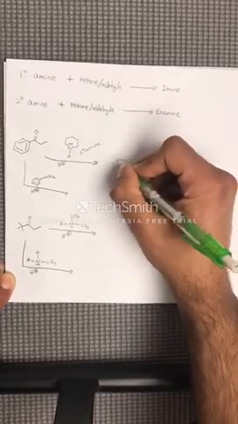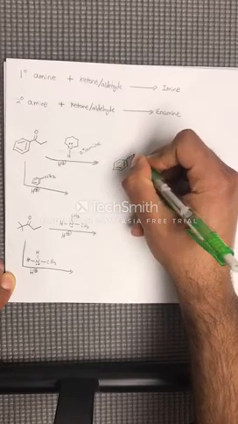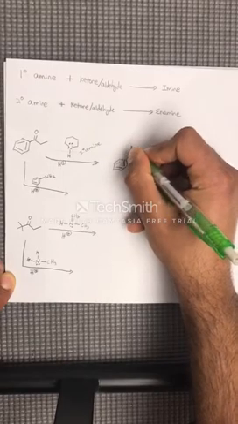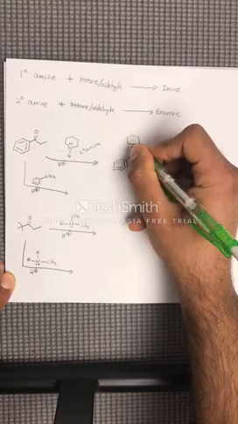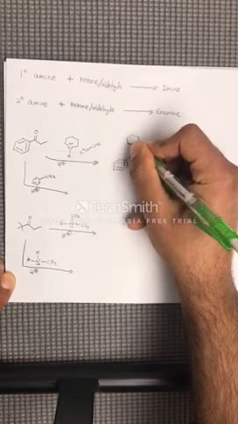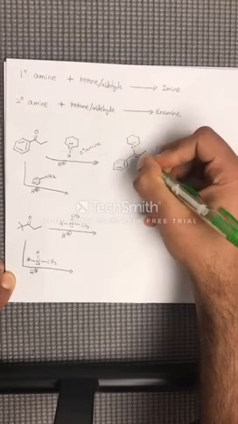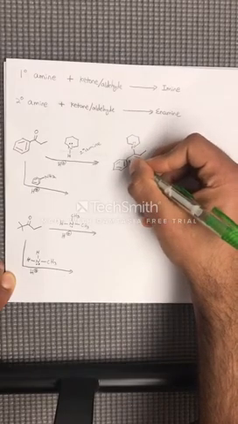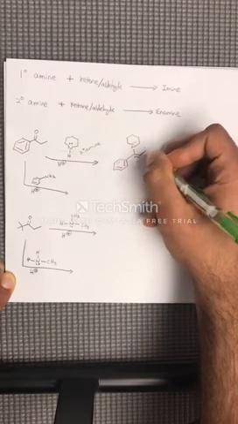The product looks, for this reaction, something like this. Now you may be wondering, why did I draw the double bond on this side as opposed to this side? Because the double bond forms on the less hindered side.